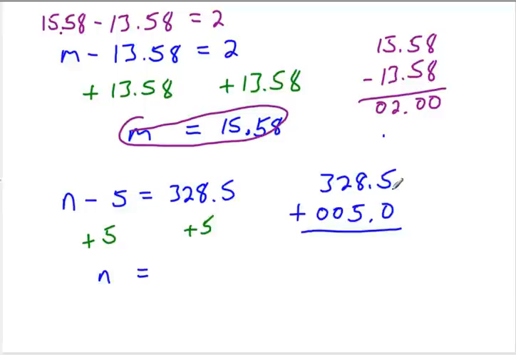That's more helpful, in my opinion, with subtraction, but you know, for addition it works just as well. The decimal goes right down into the answer, unlike multiplication, where you have to count the amount of digits after the decimal. So our answer is going to be 333.5. Again, if we were to plug that in, 333.5 minus 5 should equal 328.5.